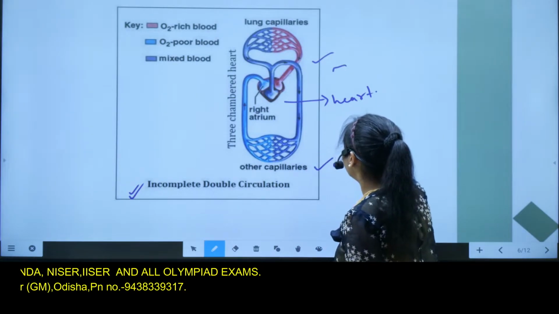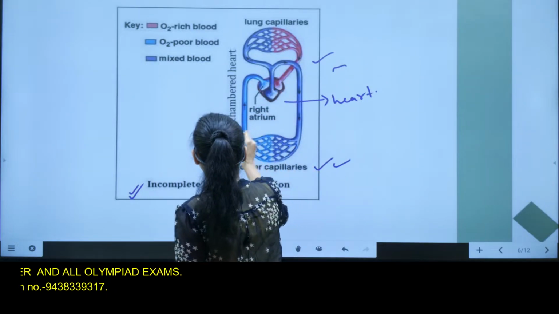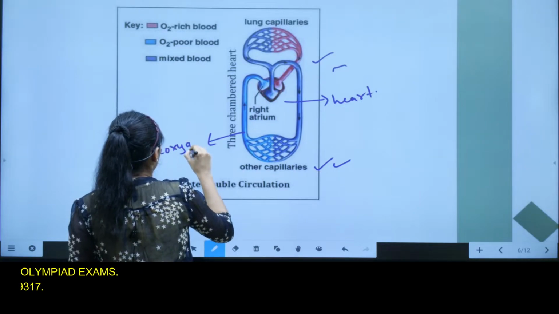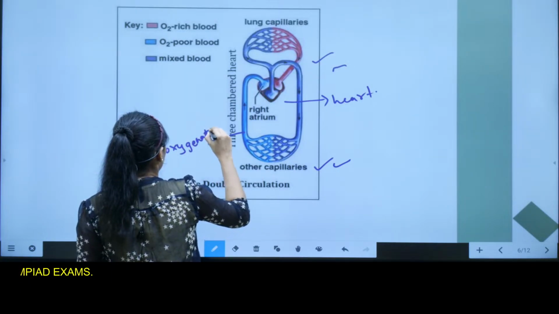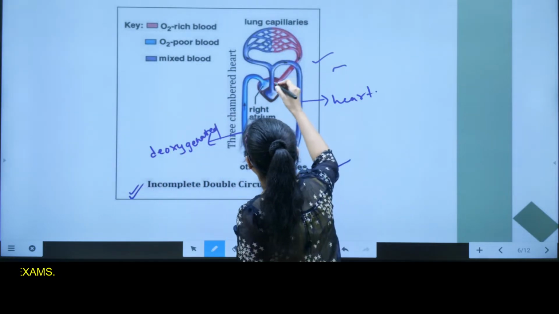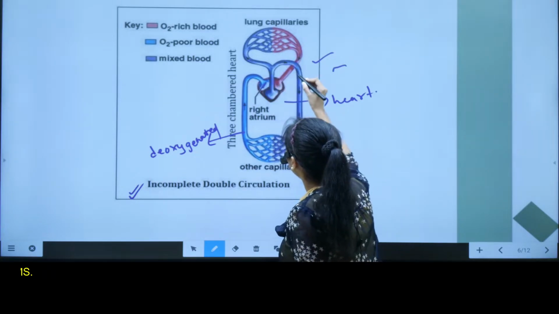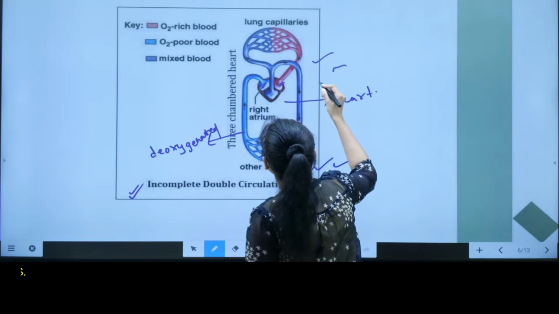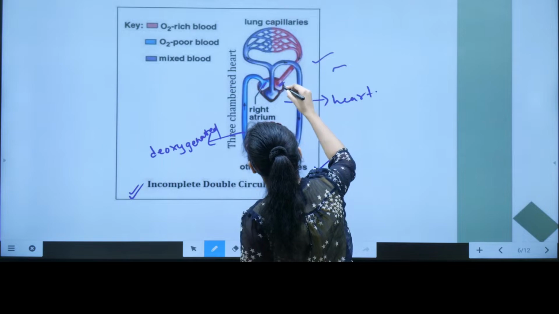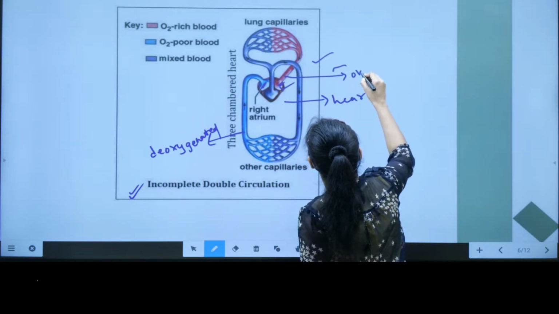From this, the deoxygenated blood is transferred to the heart, to the right atrium, and here is the left atrium, to where the oxygenated blood is passed.